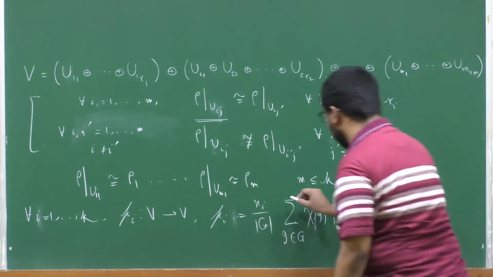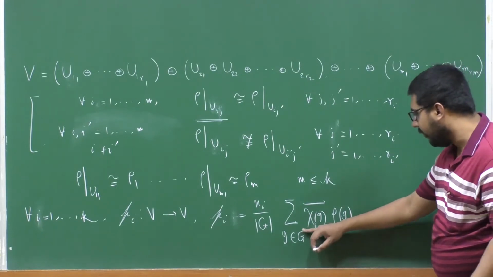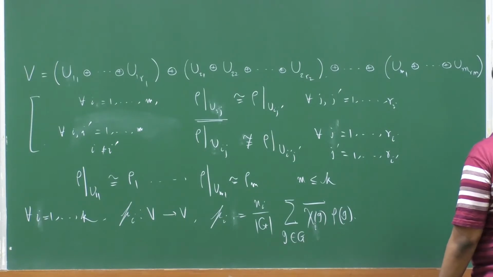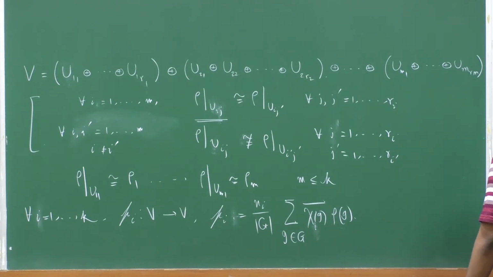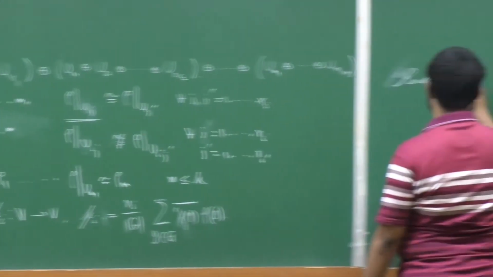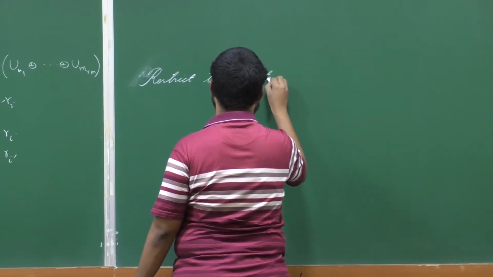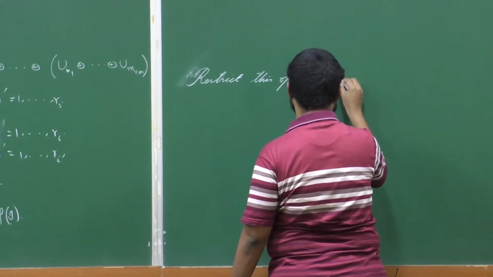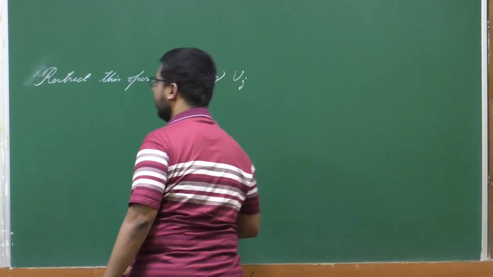Let me argue in this way: the way this operator is defined, I can simply restrict this operator on any U_j.